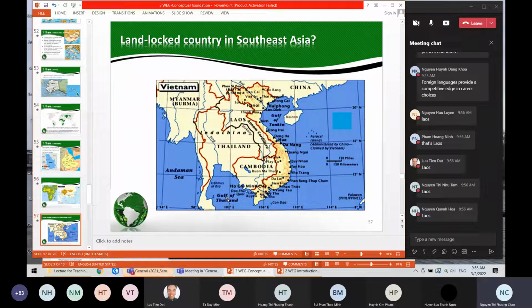However, the sea border in Cambodia has limited development. Therefore, Cambodia still depends somewhat on Vietnam and Thailand. But Laos totally depends on Vietnam and Thailand.